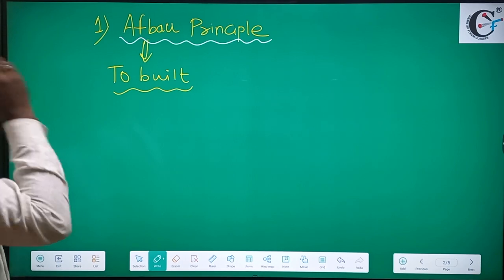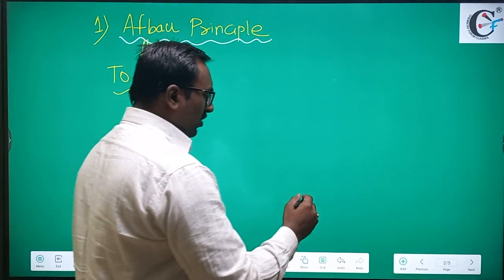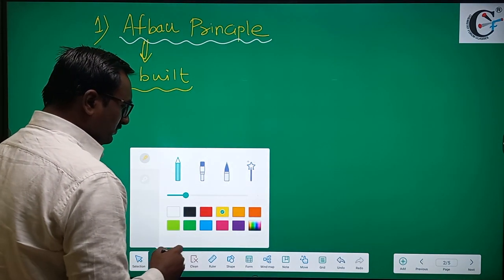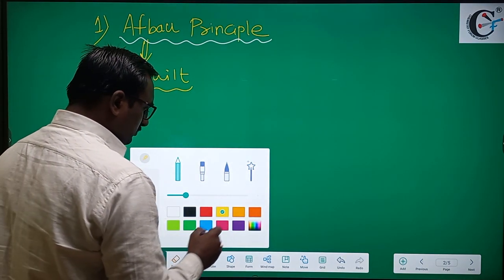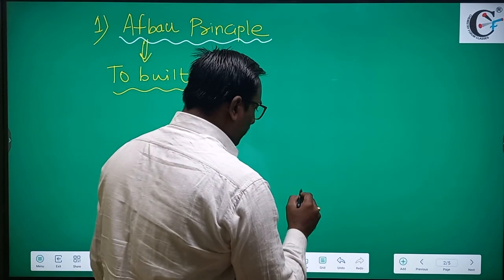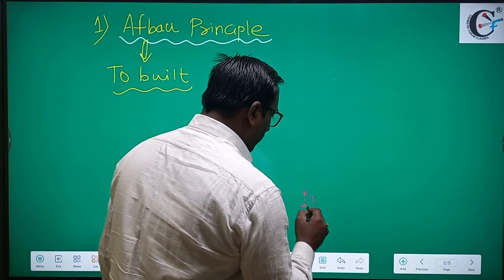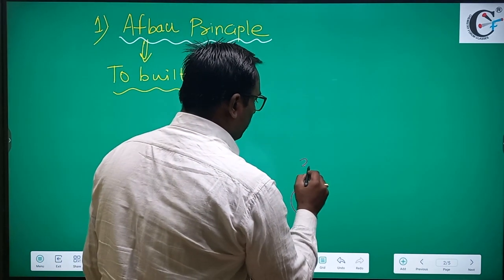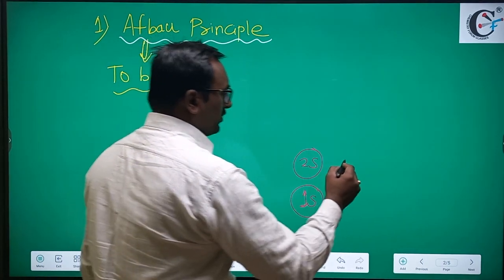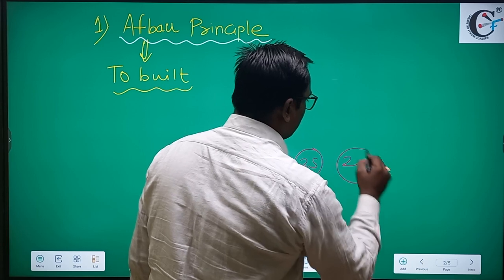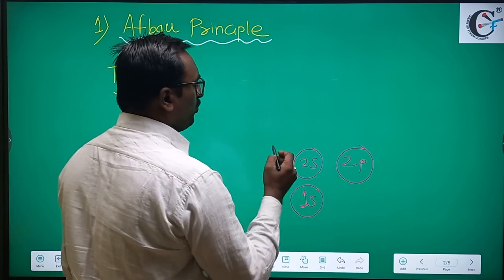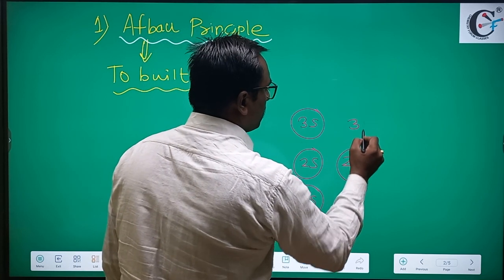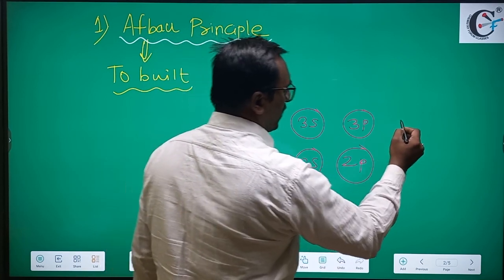So we have the Aufbau diagram. We have different energy levels. I will write here. First of all, we have 1s orbital, then 2s orbital, then 2p orbital. Then we have 3s, 3p, then 3d orbital.